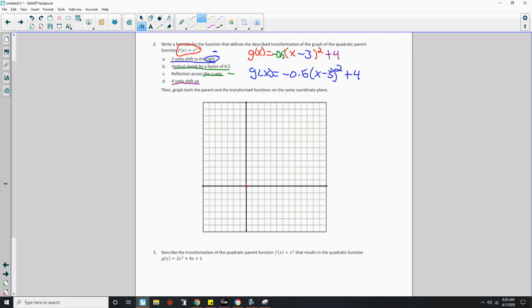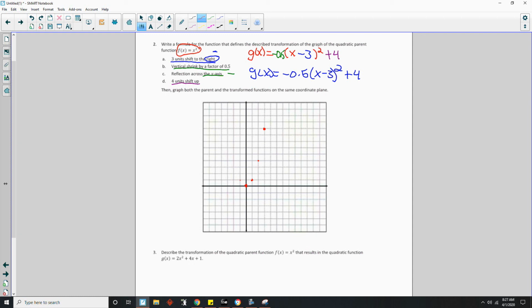The vertex is 0. 1 squared is 1. Now keep in mind I didn't write numbers down here, but this is in units of 1 unit per square. So 1 squared is 1, 2 squared is 4, and 3 squared is 9. Now this repeats on the other side of the axis of symmetry, which is my y-axis, because x equals 0 is my axis of symmetry.